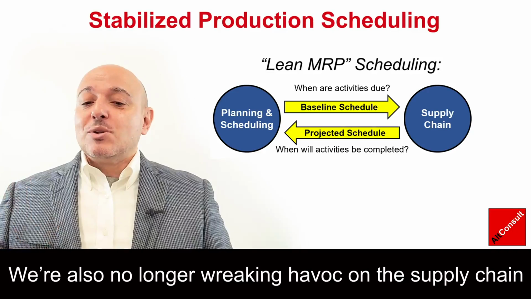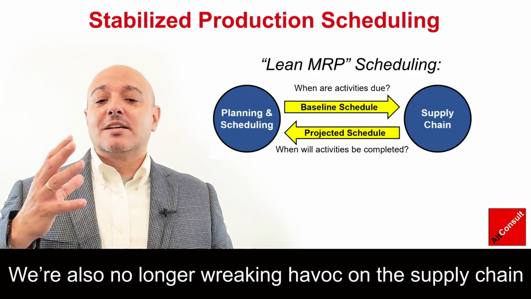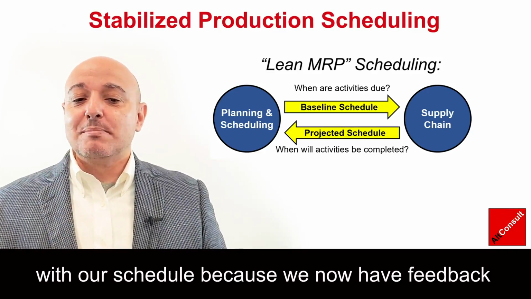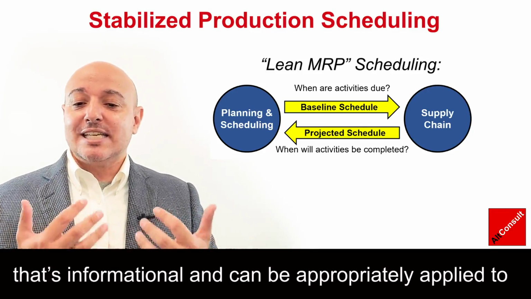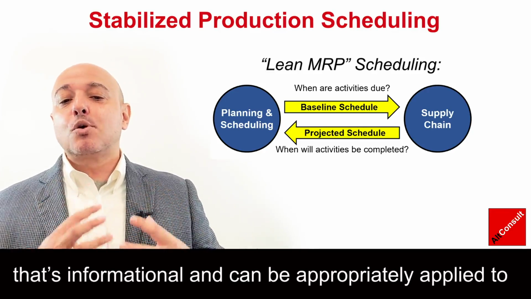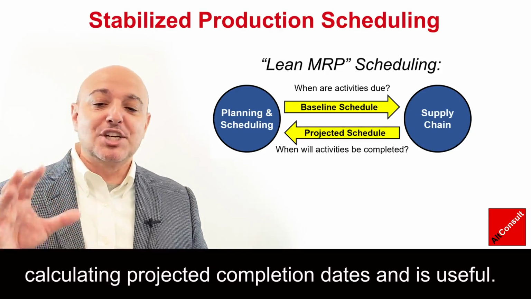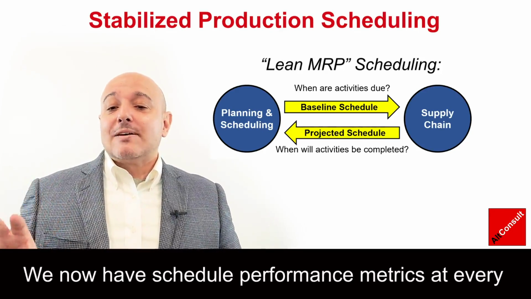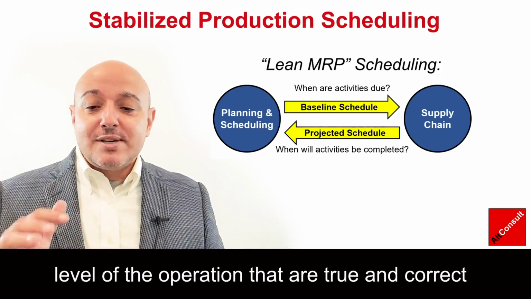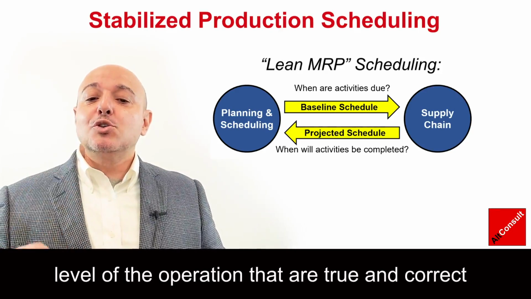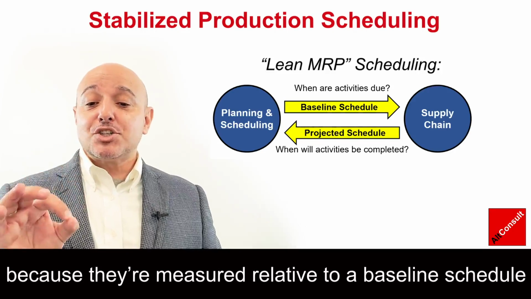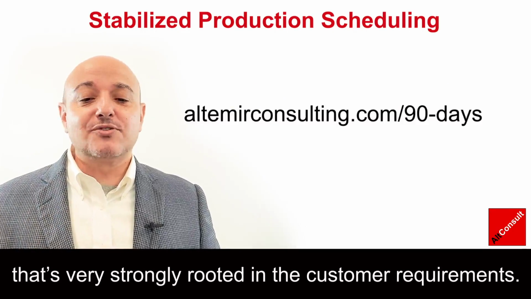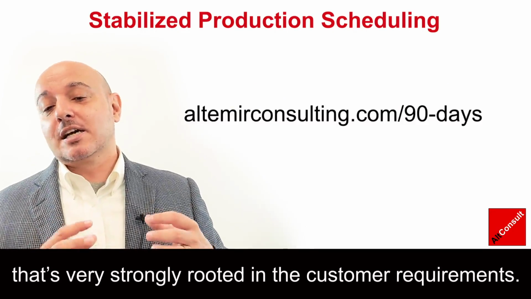We're also no longer wreaking havoc on the supply chain with our schedule because we now have feedback that's informational and that can be appropriately applied to calculating projected completion dates and is useful. We now have schedule performance metrics at every level of the operation that are true and correct because they're measured relative to a baseline schedule that's very strongly rooted in the customer requirements.